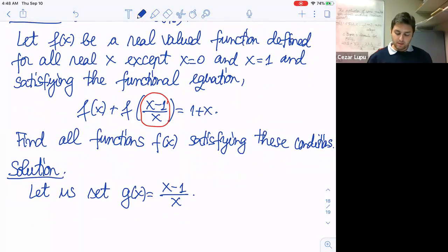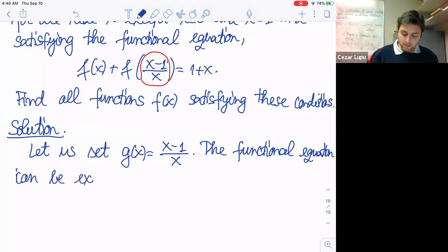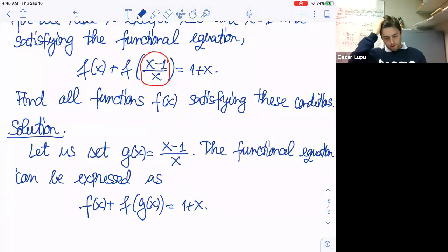Well, this means that the functional equation can be expressed as f of x plus f of g of x equals 1 plus x, right? Okay. Let's see, what can we do from here?